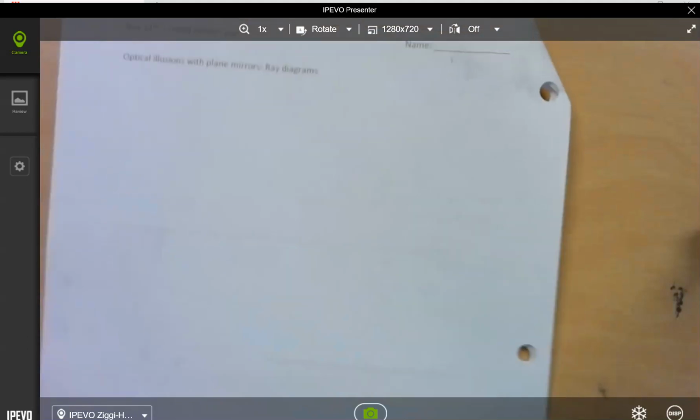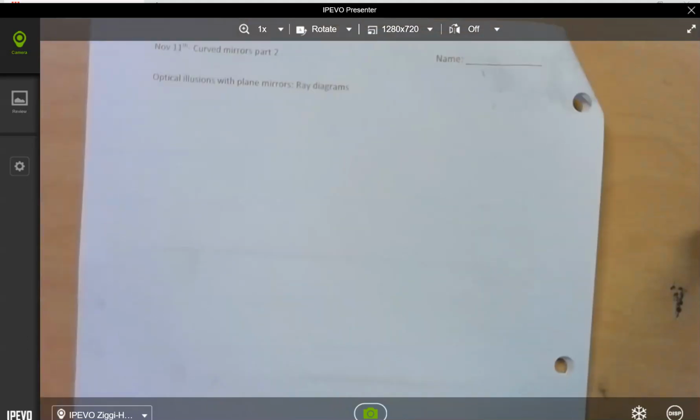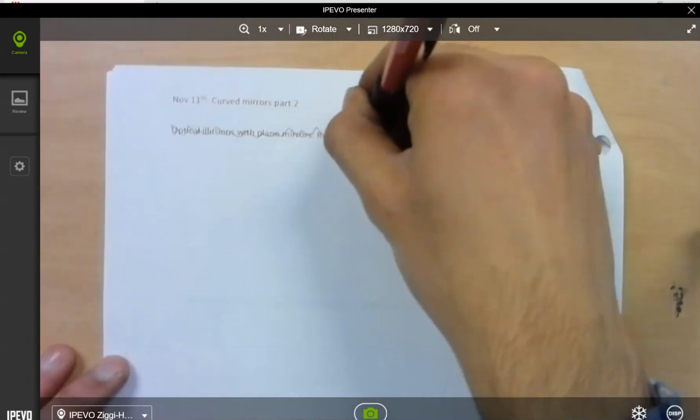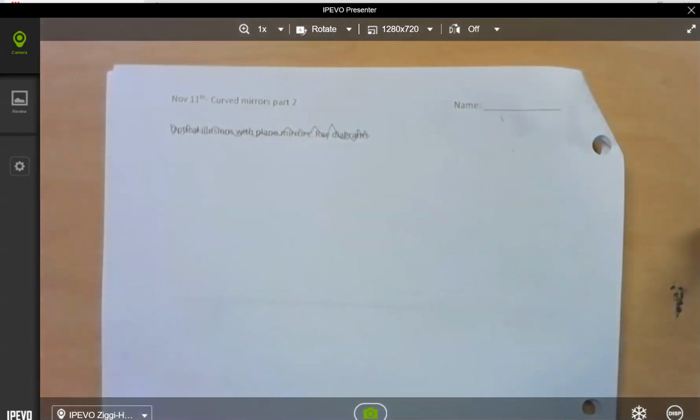So if you don't have any space, you're going to go back to the page where I say optical illusions with plane mirrors, and I've left you a bunch of space. We will cover this at some point during a fun class, but you can continue your work on this page. You can just scratch off the top for now. I'll give you a new worksheet with that heading later on. Is that okay?